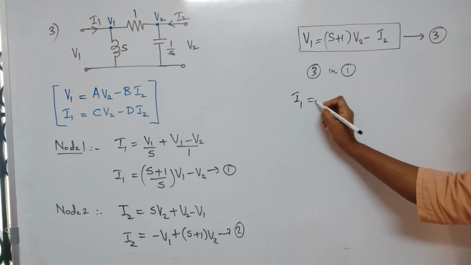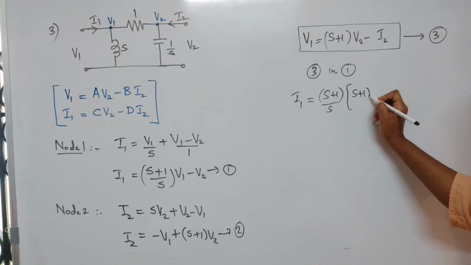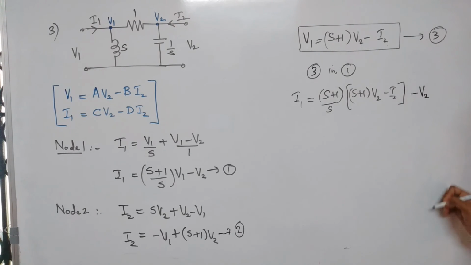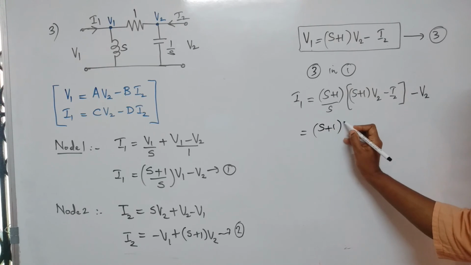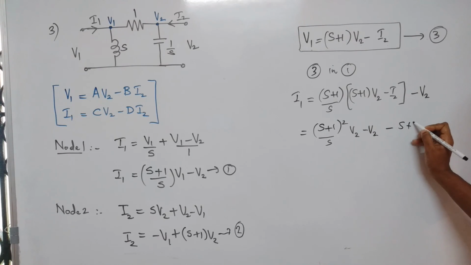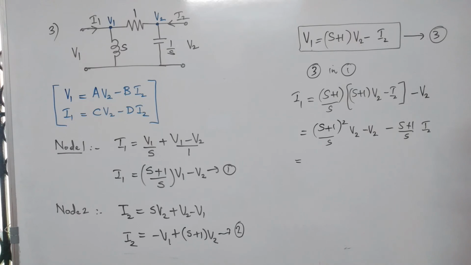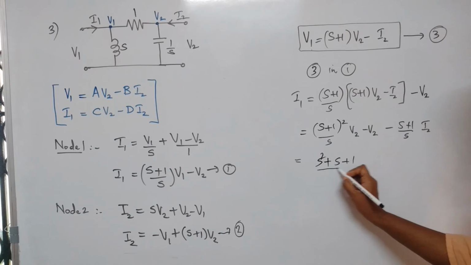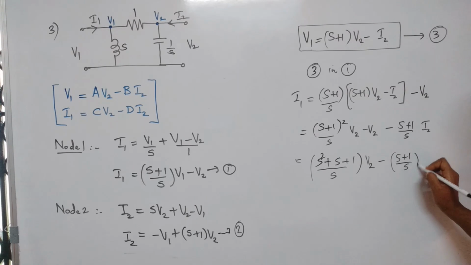Then we'll get I1 is equal to S plus 1 by S into V1 is S plus 1 V2 minus I2, minus V2, or this is equal to S plus 1 the whole square by S V2 minus V2 minus S plus 1 by S I2, or this is equal to S square plus S plus 1 by S into V2 minus S plus 1 by S I2.